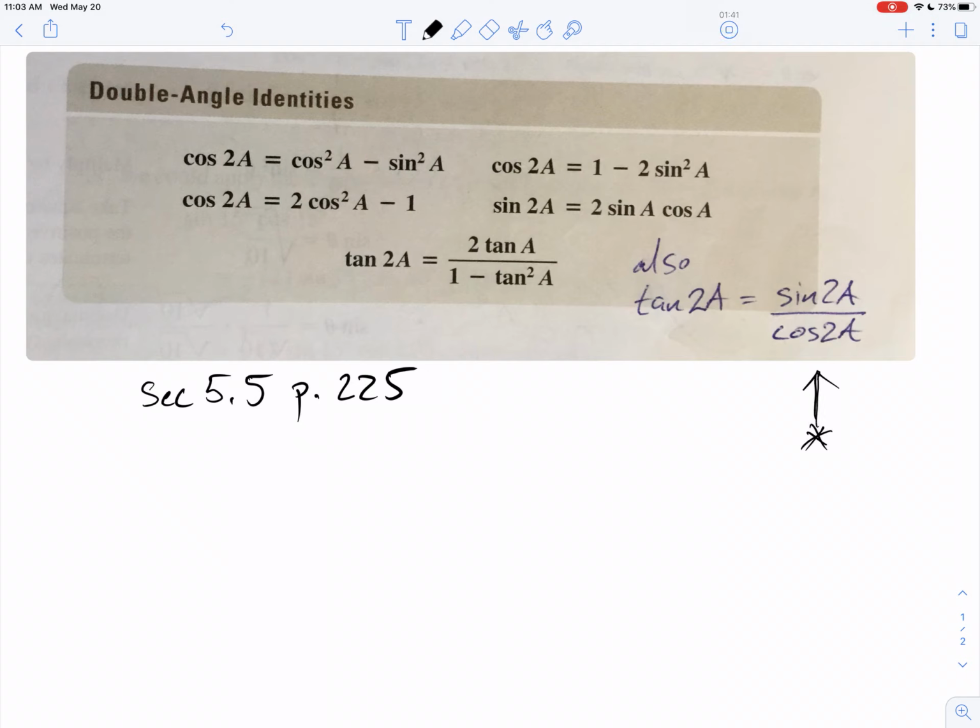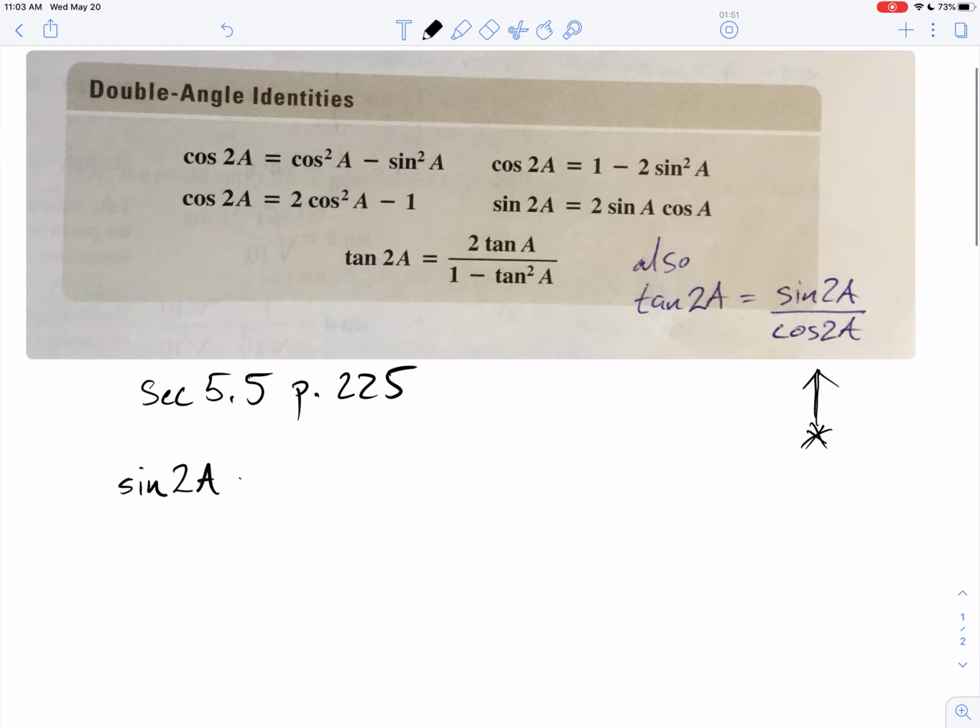Okay, so let's begin. If I wanted to, I could say the sine of 2A equals 2 sine A cosine A. I am just copying down exactly what it says in the brown box. But why is that true? Well, let's examine that.